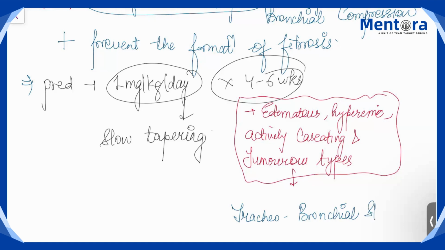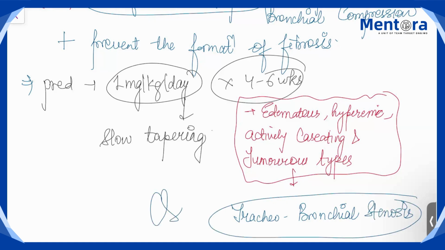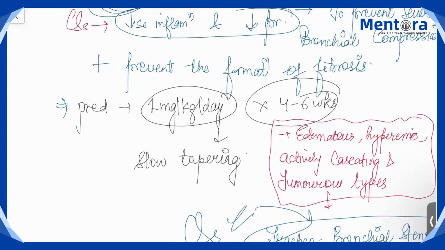So to prevent this tracheobronchial stenosis in these type of endobronchial tuberculosis, we need corticosteroids to prevent this tracheobronchial stenosis. So give it for at least 2 months, the total duration of therapy.